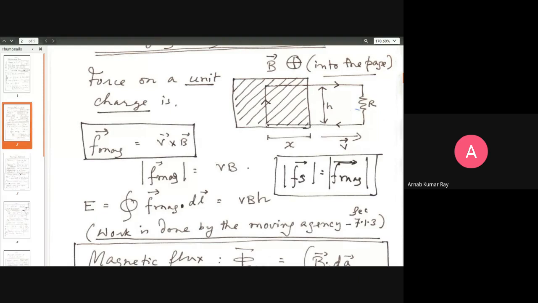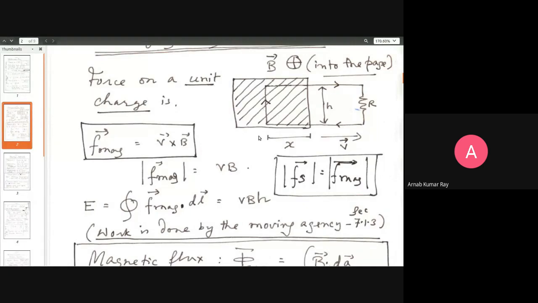And as such, v cross B will produce the force. This magnetic force is happening because the charges over here have had the velocity v. The wire loop is moving to the right, and as a result, with a non-zero value of v, the current has started flowing in the wire loop.